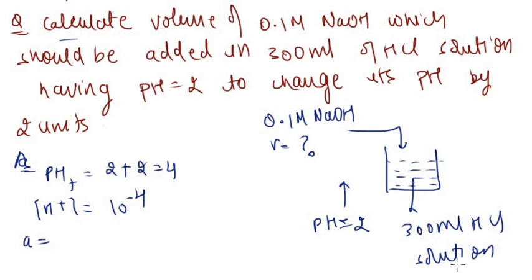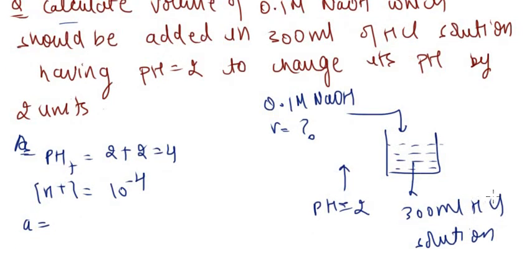So A is the millimoles of HCl in 300 ml of HCl solution. pH is 2, so the concentration of HCl should also be 10 raised to power minus 2, because the concentration of H plus is the same as the concentration of HCl. So it is 10 raised to power minus 2 because pH is given as 2. So A will be 300 ml into the concentration of HCl, 10 raised to power minus 2. So it is 3.